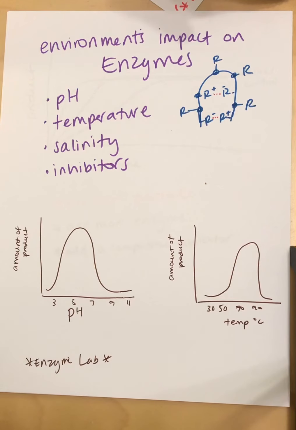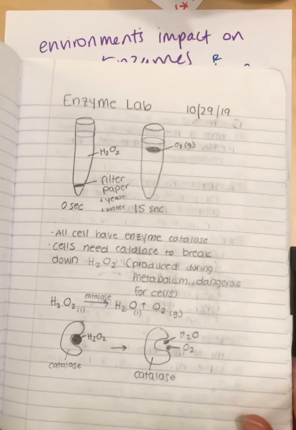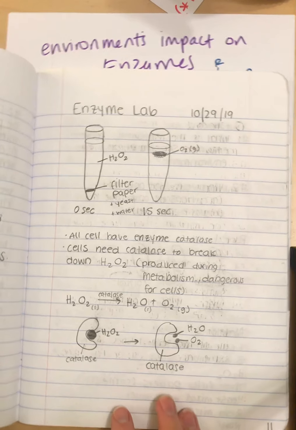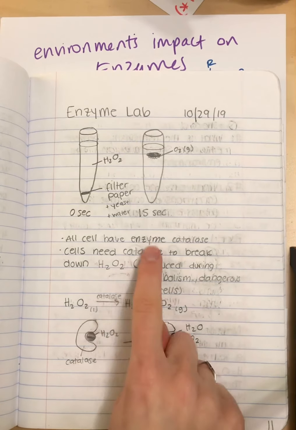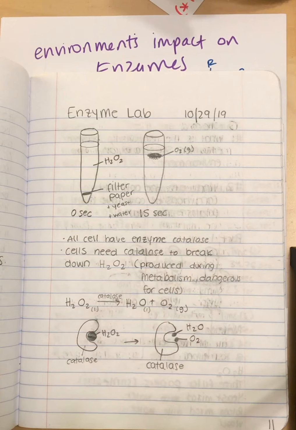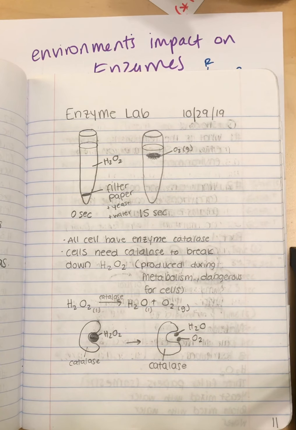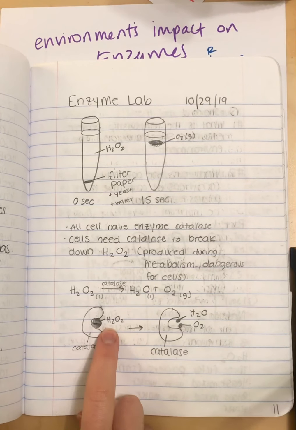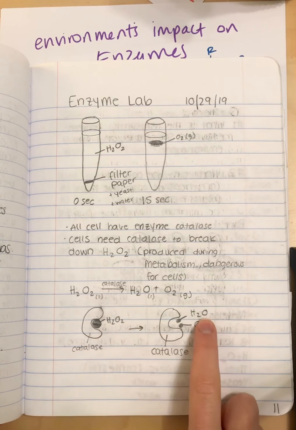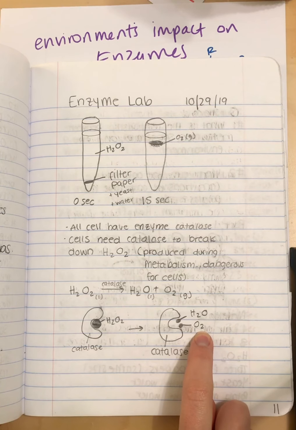I also want to remind you of the enzyme lab that we did. So we looked at an enzyme called catalase that we got from potatoes and yeast. And catalase breaks down hydrogen peroxide into water and oxygen gas.